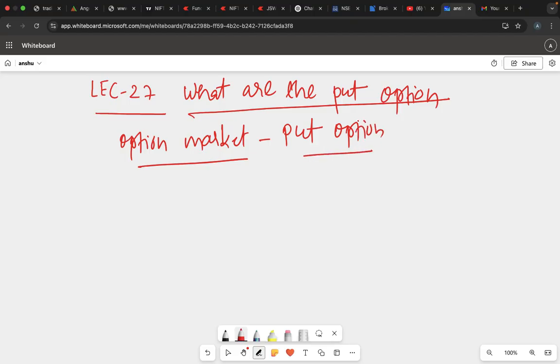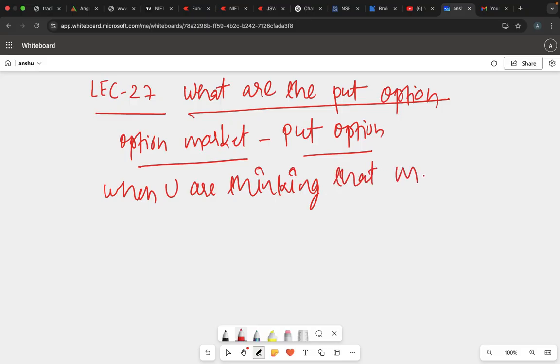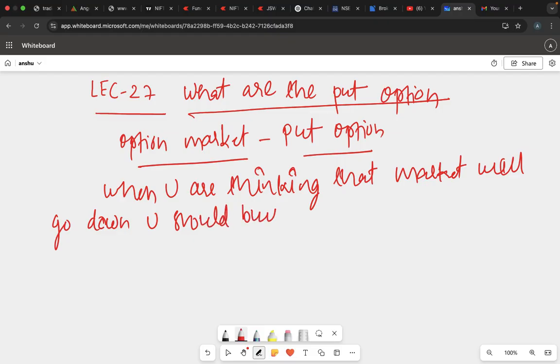When you are thinking that the market will go down, you should buy a put option.